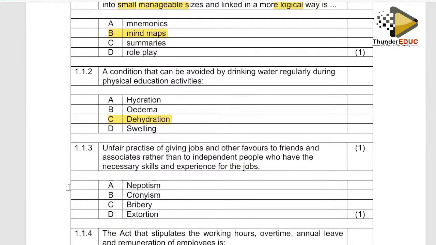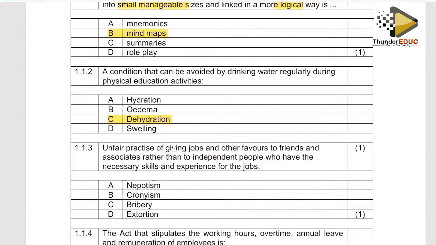1.1.3, unfair practice of giving jobs and favors to friends and associates rather than to the independent people who have the necessary skills and experience for jobs. So we also need to highlight our keywords so that we know exactly the answer which we are going to pick.